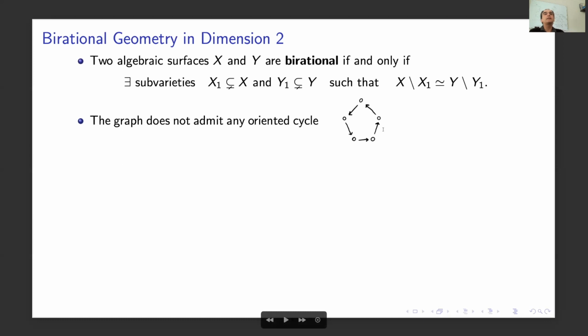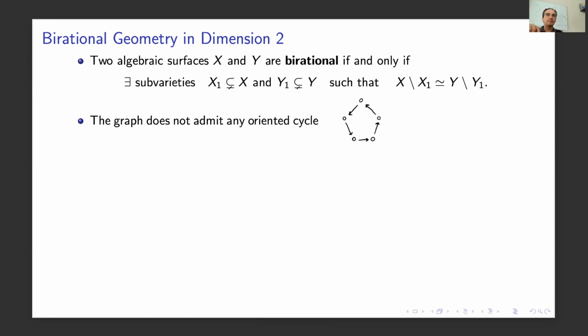It just means a cycle where I start from a point and after a while I end up on the same point, but this path follows a direction. I'm not saying that the graph is simply connected, because it's possible that we have two vertices which are connected by two different paths going the same way.